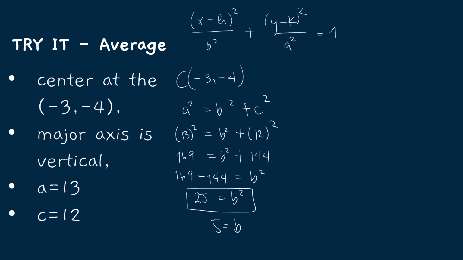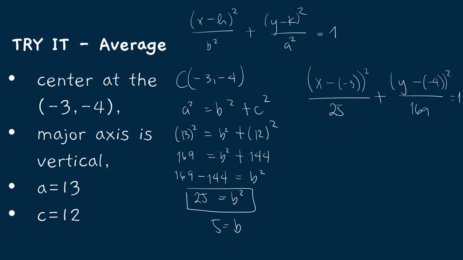We already have the value of your b squared and the value of your a squared, so we can now write our equation. Again, it's x minus h, but this time your value of h is -3, so it will result to x minus (-3), and your b squared is 25, plus y minus (-4) squared over a squared, which is 169, is equal to 1.